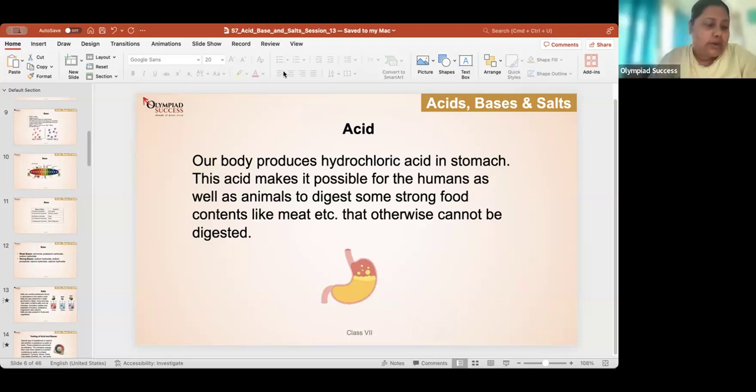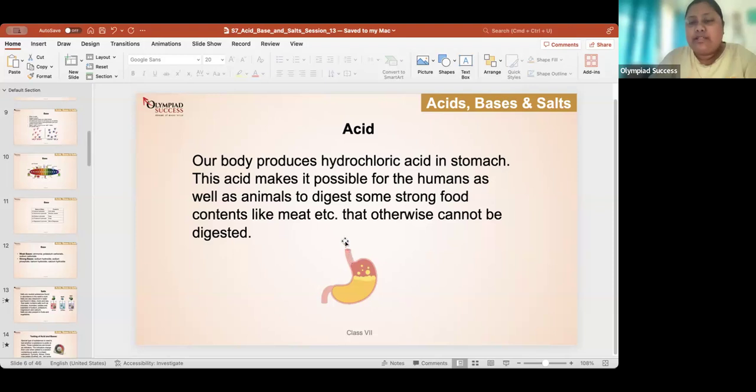Okay. So now the thing is, when it helps in digestion, it is a very, very strong acid that you have already known of. So sometimes, due to indigestion, this acid can come up in the esophagus and cause chest burn.